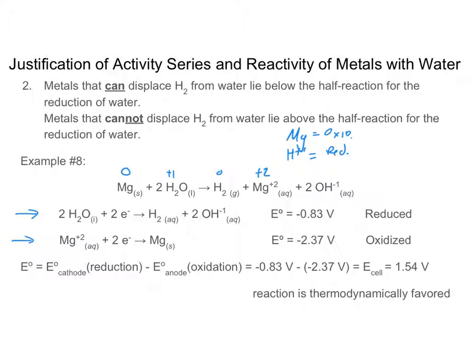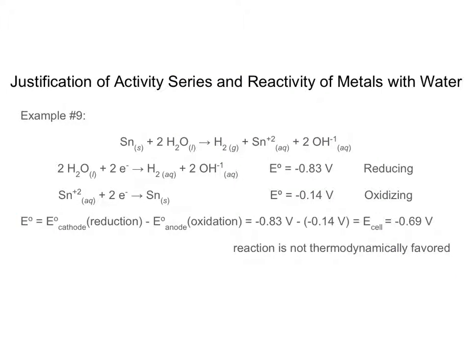So what we're talking about here is metals that can displace H2 from water. We have water, and we're looking for a metal that can remove the H2, okay? Those lie below the half reaction for the reduction of water on the reduction table. Metals that cannot displace lie above, and let me try to show you, so hang on a second. In this case, I have tin, which is a 0, becoming a +2.